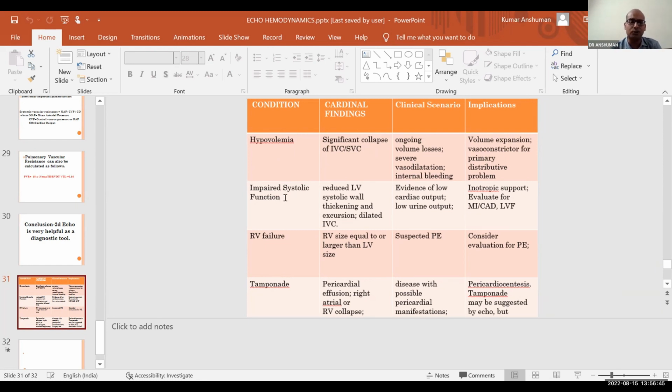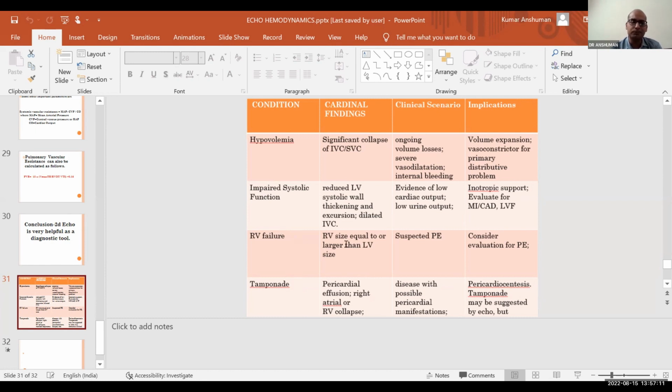Again, if the LV is down, with impaired systolic function, you look for regional wall motion abnormality or global hypokinesia, or a dilated IVC, low cardiac output or low urine output, you see that the patient is in cardiogenic shock, and then you decide about inotropic support, evaluation for CAD or left ventricular failure, and accordingly decide the treatment strategy.